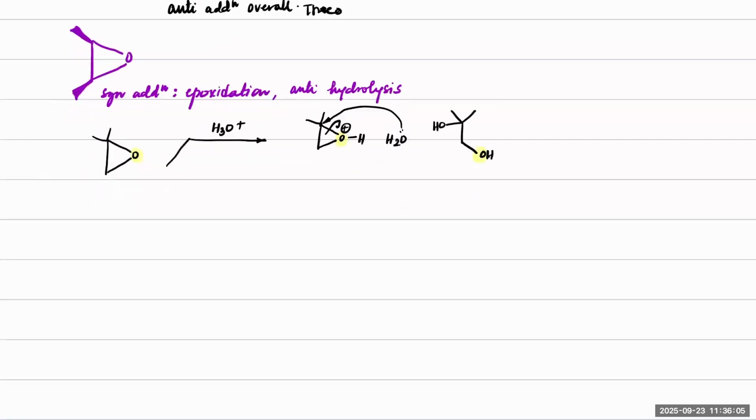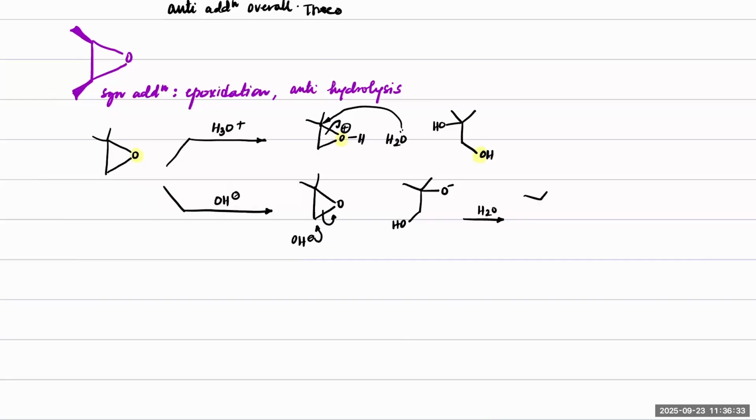But if the same reactant is in basic medium, let's say OH minus is here, then the attack would directly happen on the least substituted side. So OH minus will attack here, the bond would break, and you will get this as O minus, and here you will get this as OH, followed by hydrolysis.